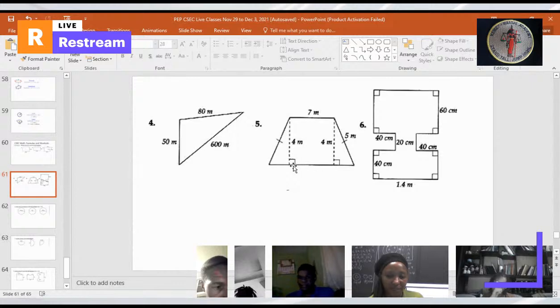This part is also 7. But how much is this and this? Miss, all 4, right? Why is it 4?